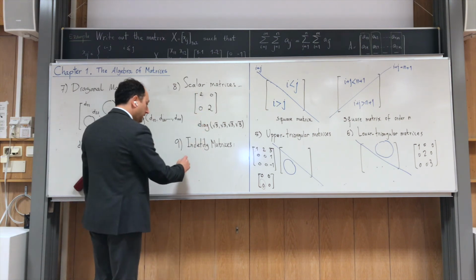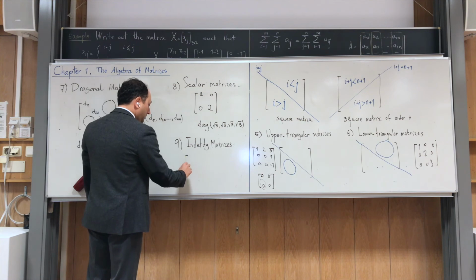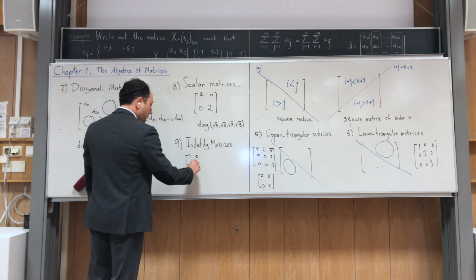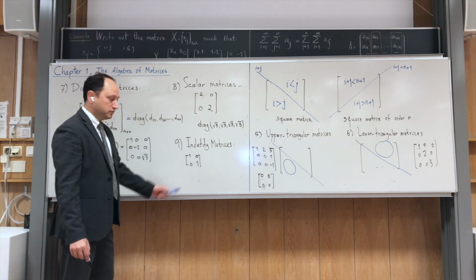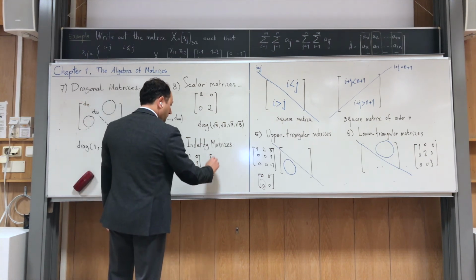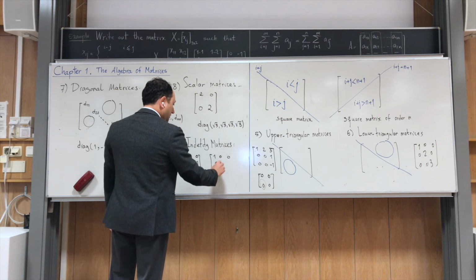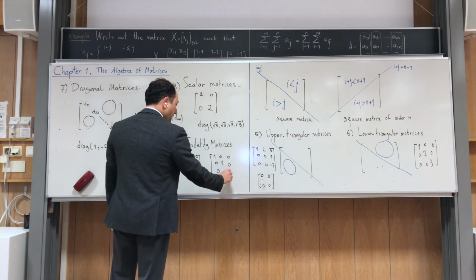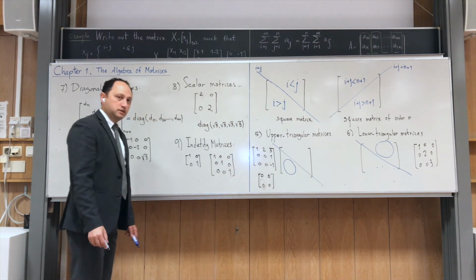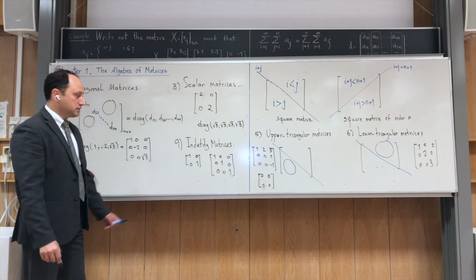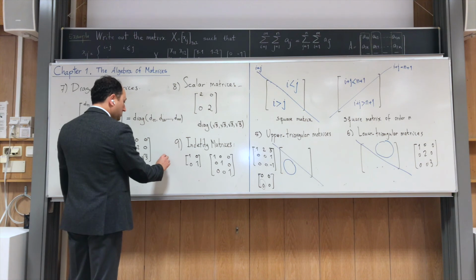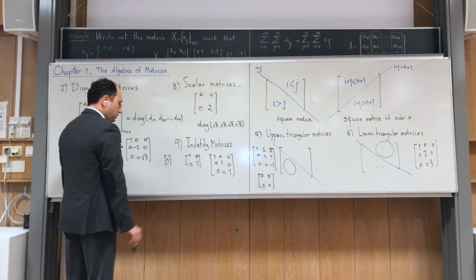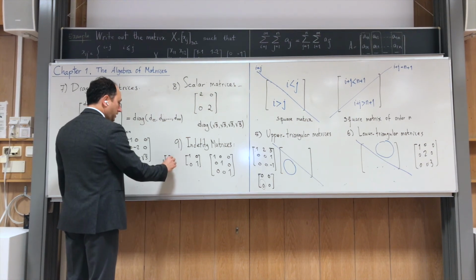So for example, 1, 0, 0, 1. This is an identity matrix of order 2. For example, this one, 1, 0, 0, 0, 1, 0, 0, 0, 1. This is the identity matrix of order 3. The identity matrix of order 1, of course, includes only 1, so that you can identify it with 1.